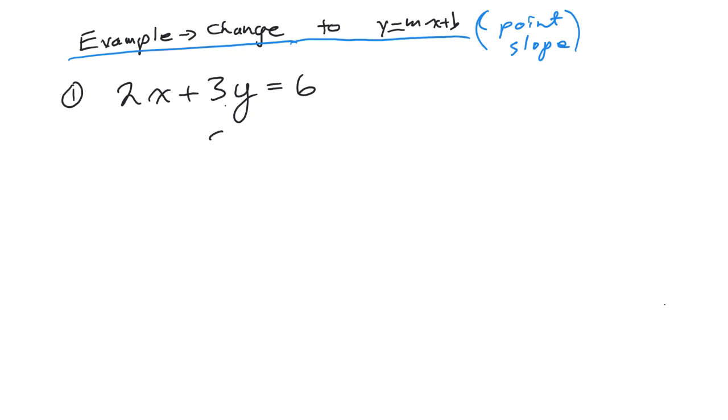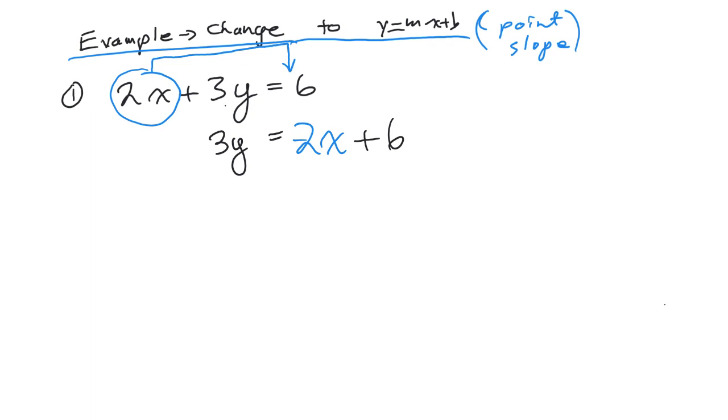So in this case, we're going to get 3y is equal to, well, see this 2x that we have here? I want this 2x to be at the front of the next portion of my equation. So we're going to get minus 2x, because we've moved it to the other side of the equation, and then we have plus 6.